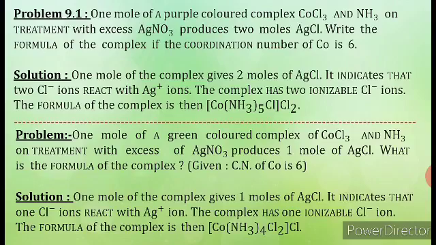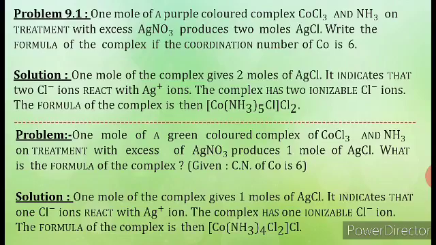Is it clear? Okay. One chloride ion only reacts with Ag plus ion to form AgCl. So one ionizable chloride ion is there outside the coordination sphere. So the formula will be tetraamminedichlorocobalt(III) chloride. Is it clear? So such type of question is asked in the exam. You can answer easily. How many moles of silver chloride are produced?